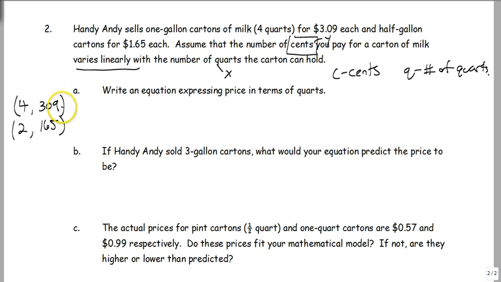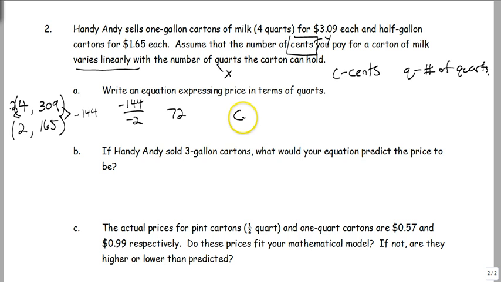Okay? The change here is negative 144. The change here is negative 2. So my slope is negative 144 over negative 2, or 72 cents per quart. Alright, so now I can come up with an equation.